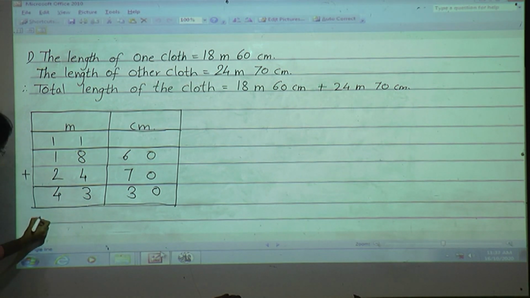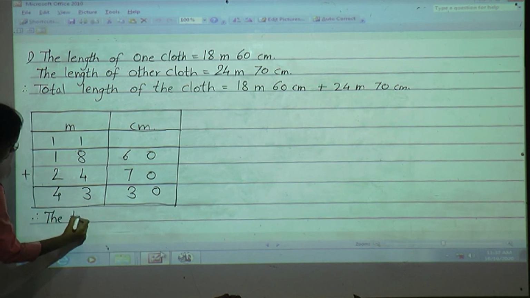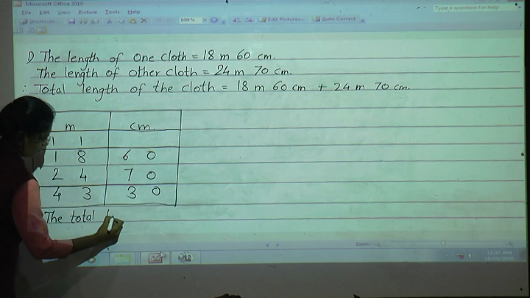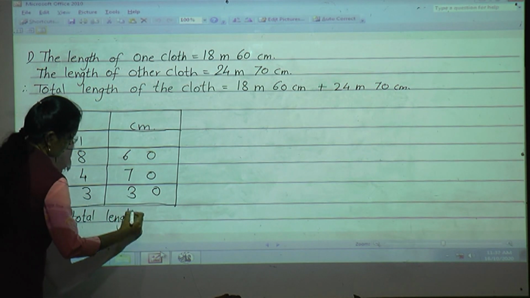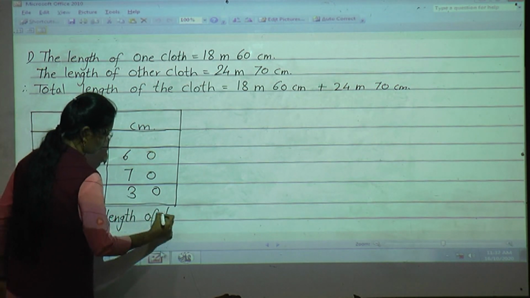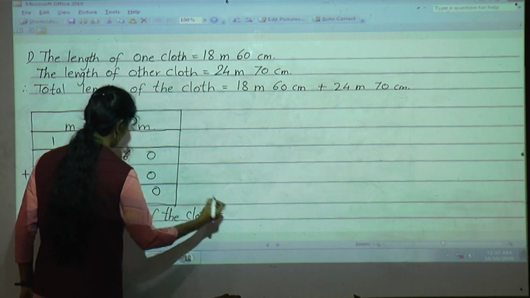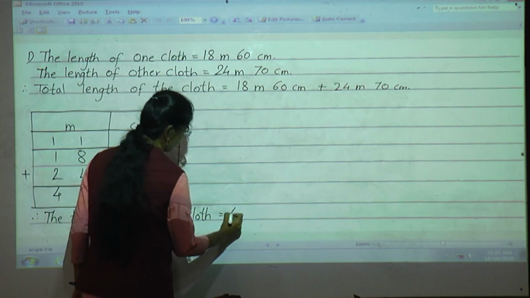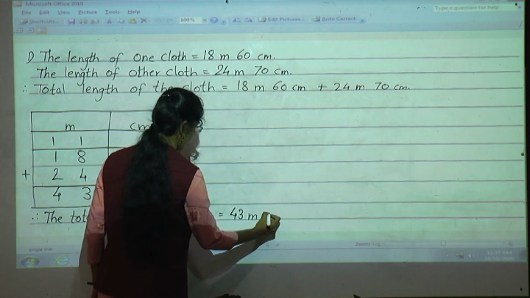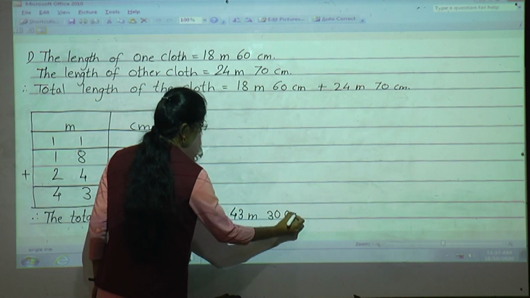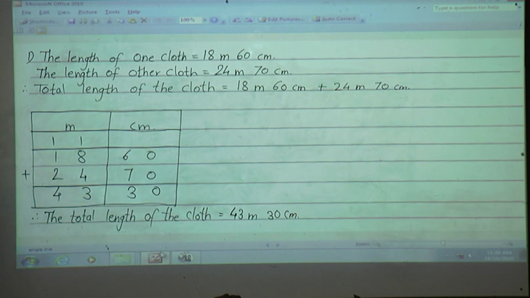So here we will write, the total length of the cloth is equal to what? 43 meter and 30 centimeter. Understood? What had they given us?